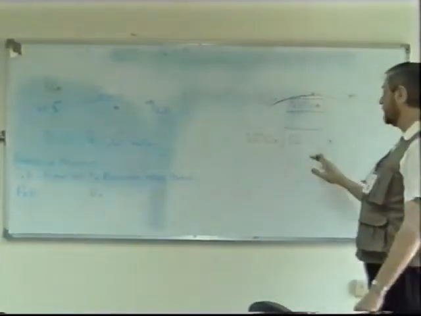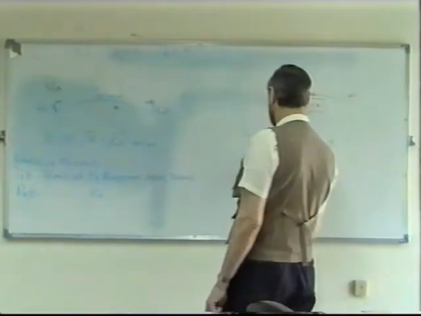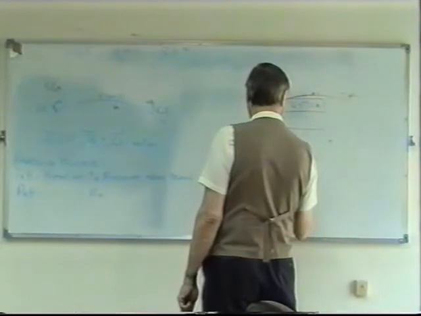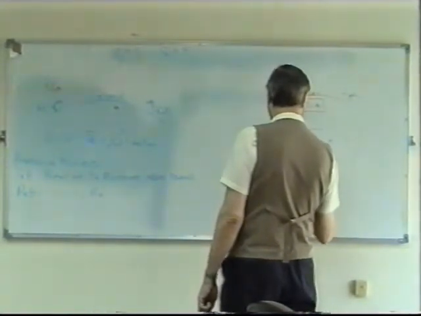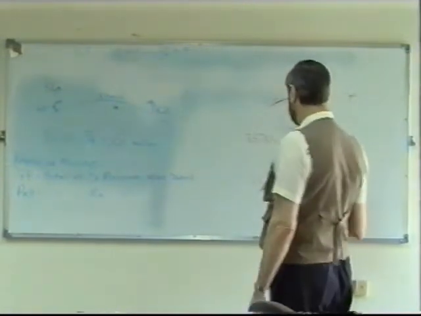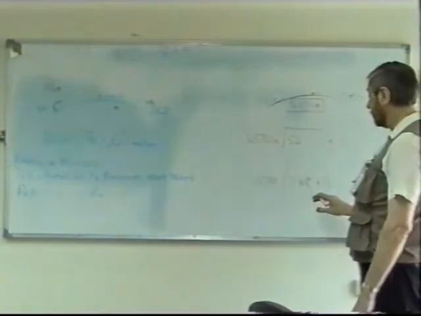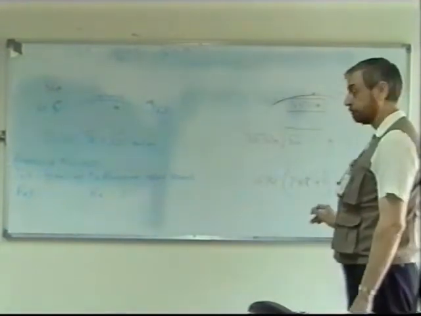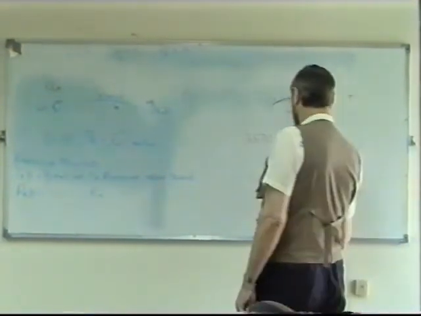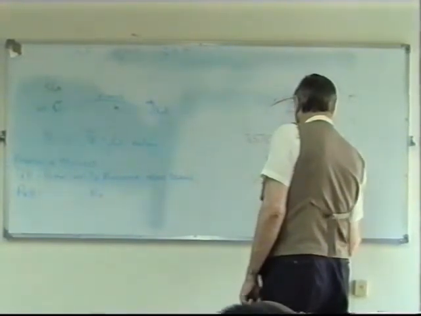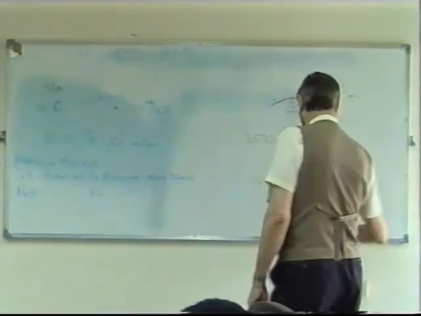What is the root of 56? 7.48. 7.48, and we'll add 1 to it. 8.48. And what's 8.48 times 3570? 30.27. 30.285.